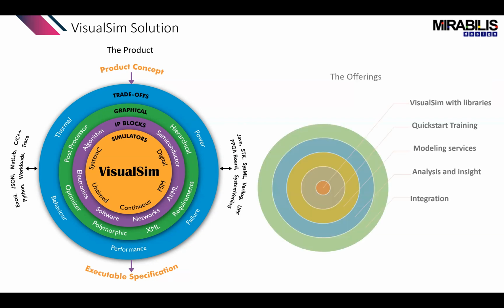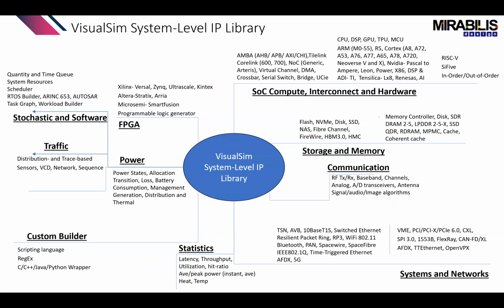Now, how does Mirabilis Design work? We can provide you VisualSim plus libraries, plus training, plus we can also provide you modeling services. Now, what are these system-level IP libraries? These system-level IP libraries are a large collection of all the elements that are required to assemble your model and components that are required for you to be able to build your own custom building blocks.